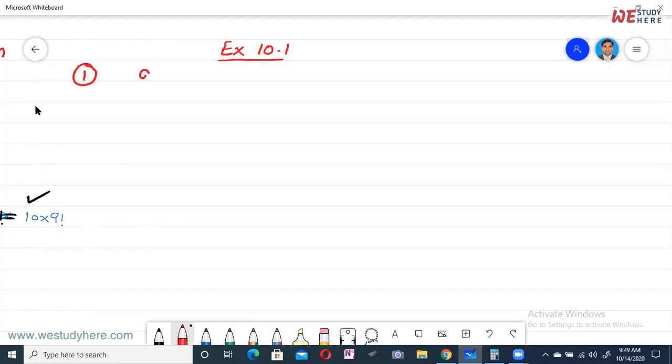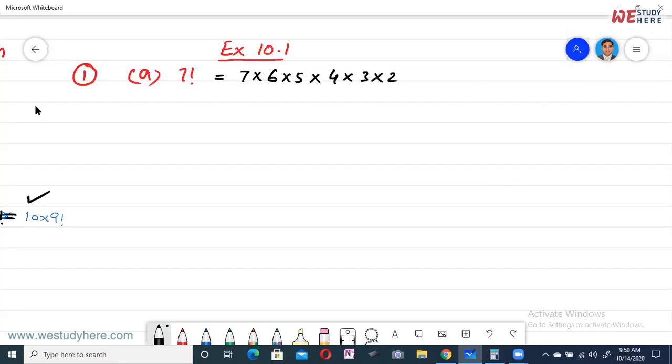First part is 7 factorial. 7 factorial will be 7 into 6 into 5 into 4 into 3 into 2 into 1. What will be the answer here?